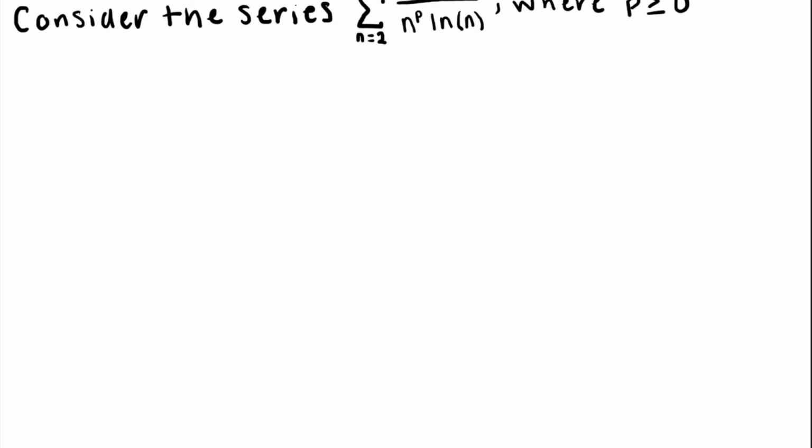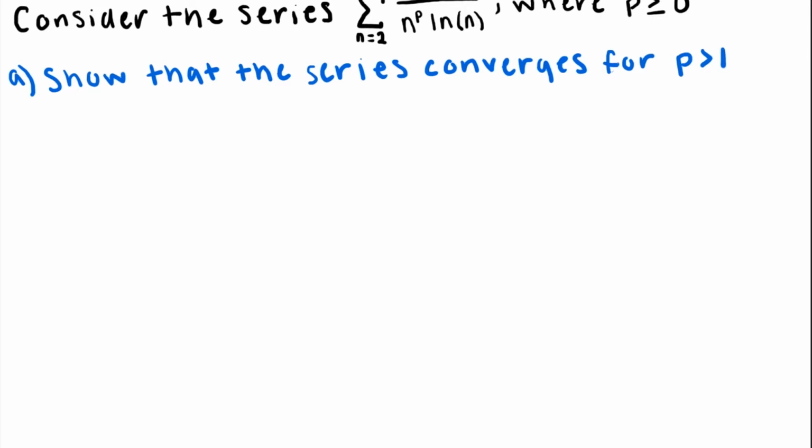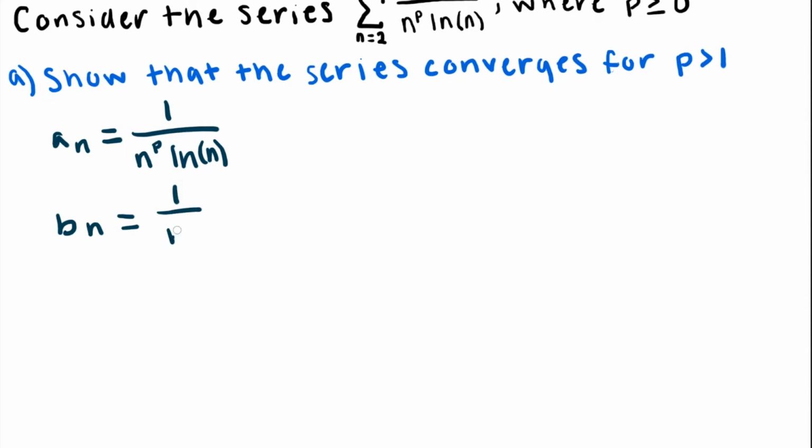Now here we have a possible FRQ question. Consider the series from 2 to infinity of 1 over n to the p times ln of n, where p is greater than or equal to 0. Show that the series converges for p greater than 1. Our a of n is 1 over n to the p ln of n, and our b of n is 1 over n to the p.